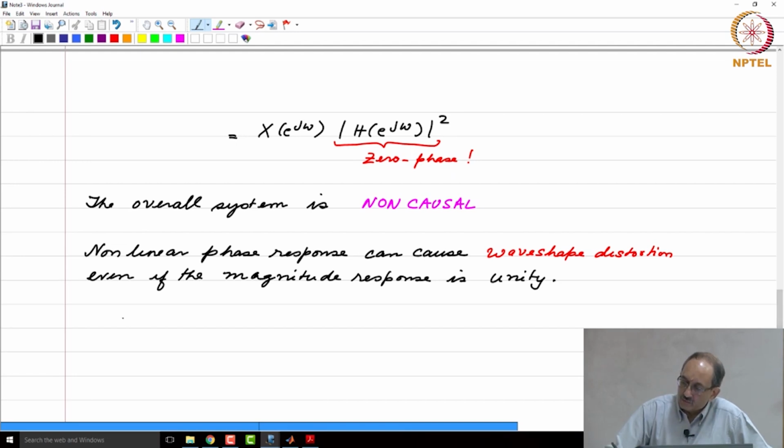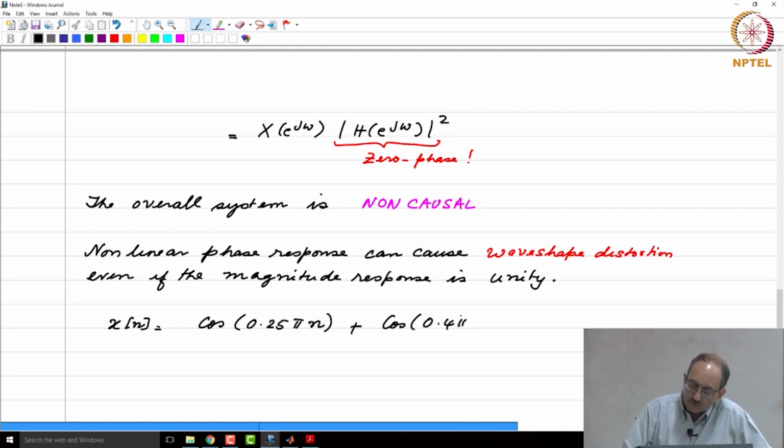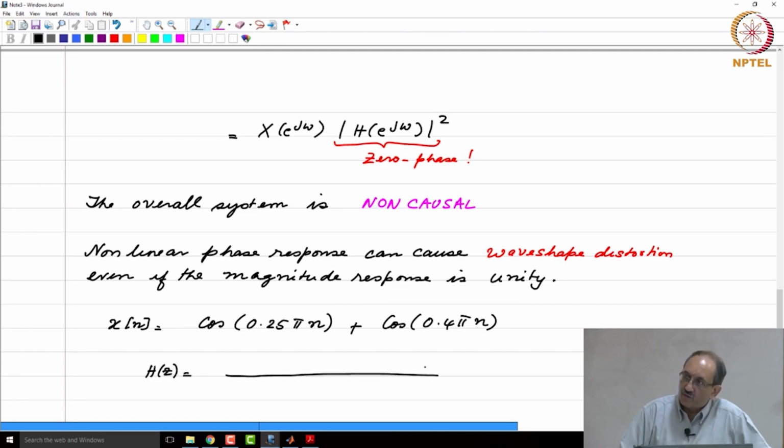Now, to see this, suppose you have x of n to be cos 0.25 pi n as one component, the other component is cos 0.4 pi n, and let me pass this through a filter which is all pass.